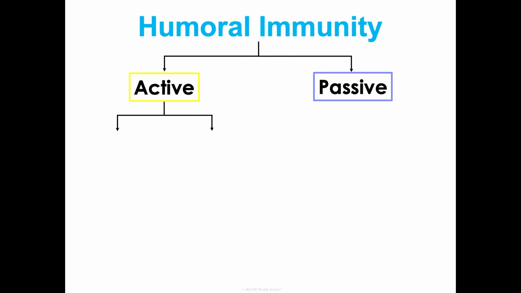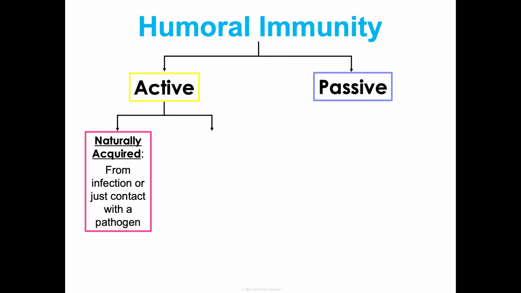Active is where your body is basically going to work to build a memory bank of the said antigens. And this can happen naturally or artificially. So natural active humoral immunity is, you get infected by something, or you come in just being in contact with a pathogen.